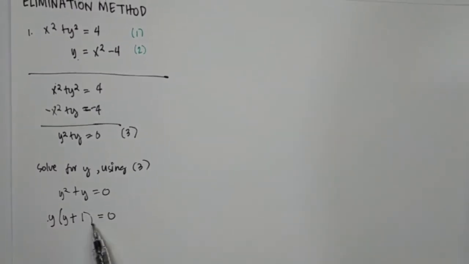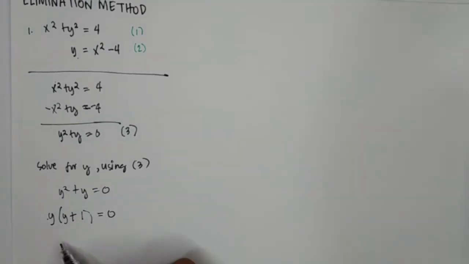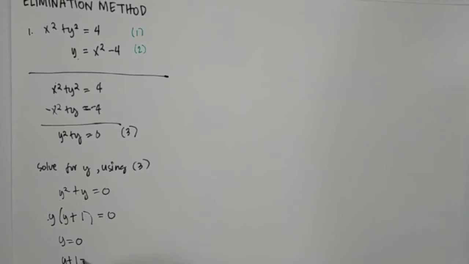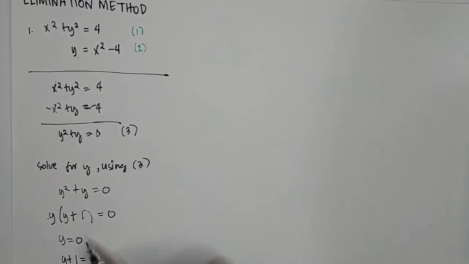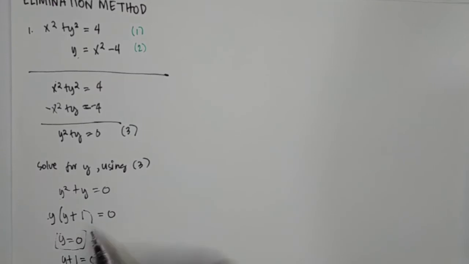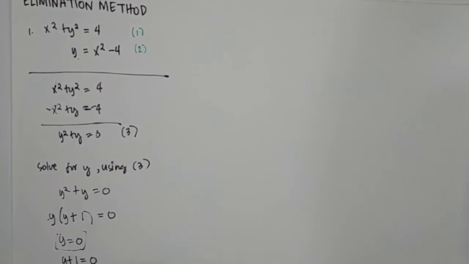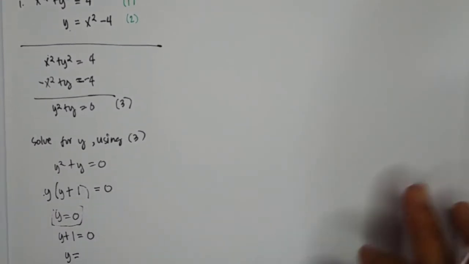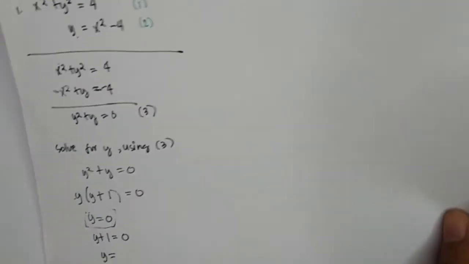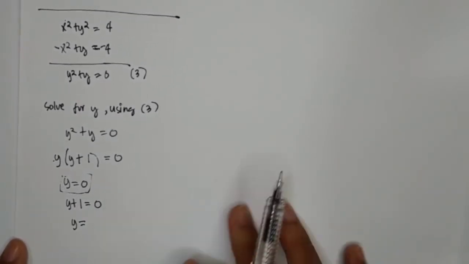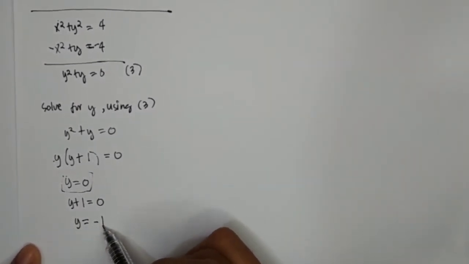As you can see, meron tayong product. That will be now y is equal to 0 and y plus 1 is equal to 0. So, meron na tayong first value ng y, that is 0. Then, solve natin yung second value ng y. Transpose natin tong positive 1 sa kabilang side, that will be now negative 1.